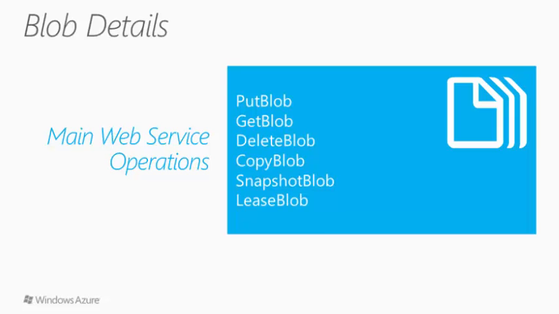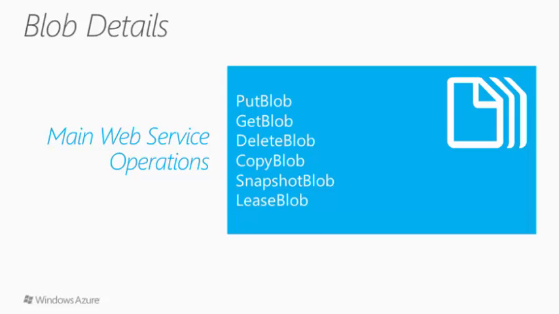And the last one, called lease blob. The main idea of this operation is that you can have exclusive access to this blob. I will give another example. I will roll back a little bit to disks. For example, let's say that we want to attach our virtual disk to our virtual machine.